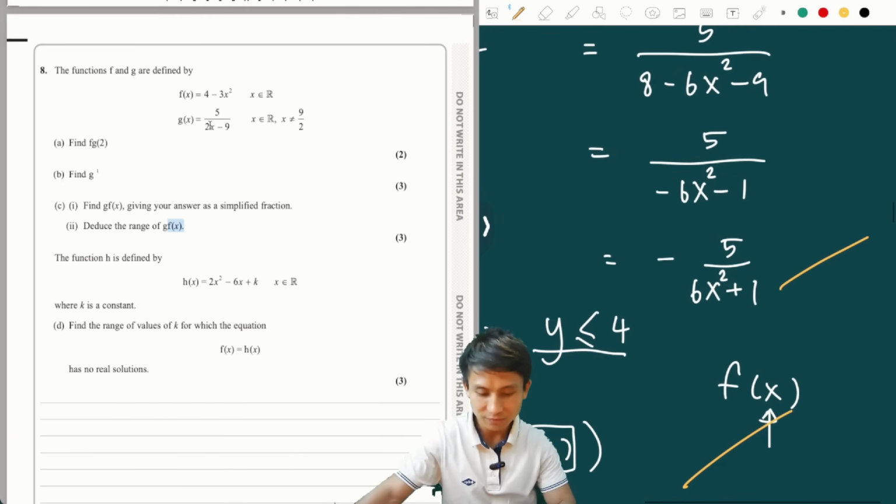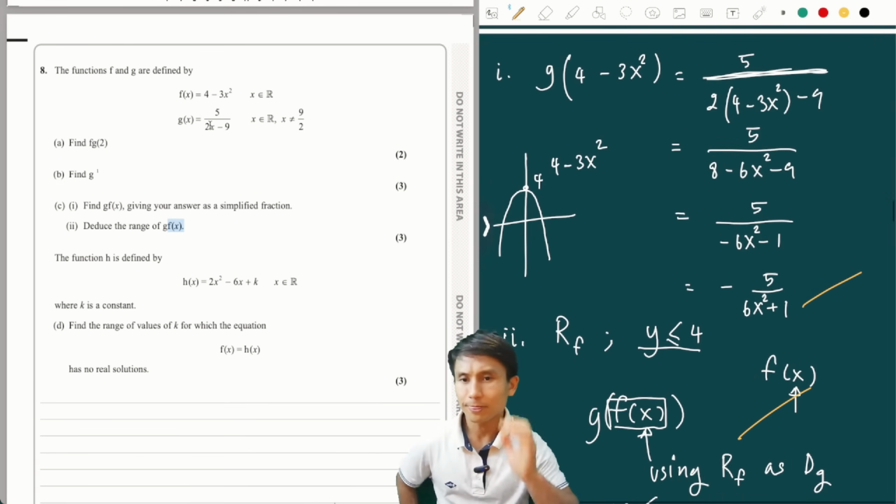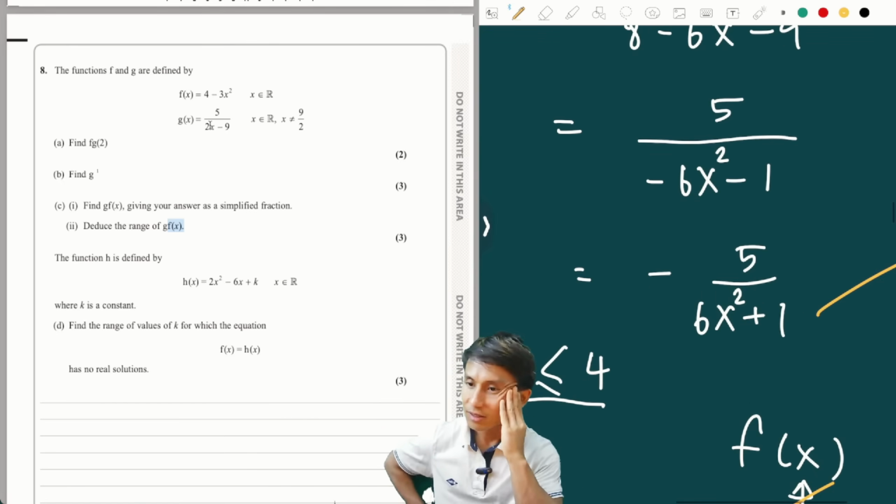Yeah, so this function here is g of f(x), right? Well, can we use this one? Yeah, so if you plug in anything in there, if you look at the fraction, x squared is greater than or equal to 0.